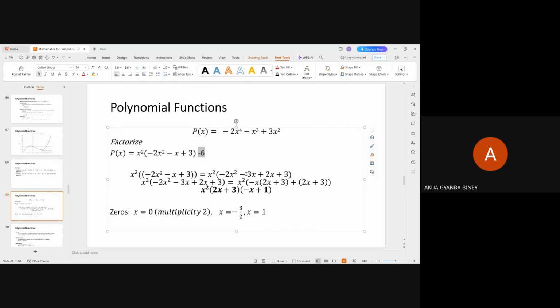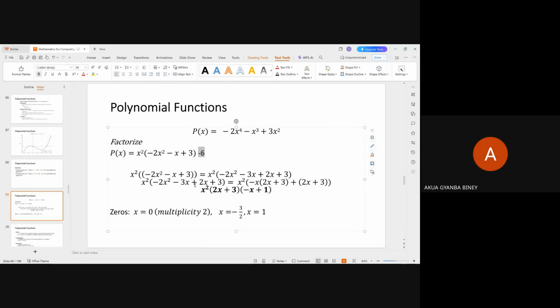And those two numbers are -3 and 2. -3 times 2 is -6. -3 plus 2 gives you -1. So you know which one should be the minus. So this is how you factorize.